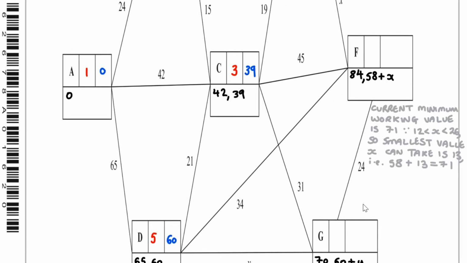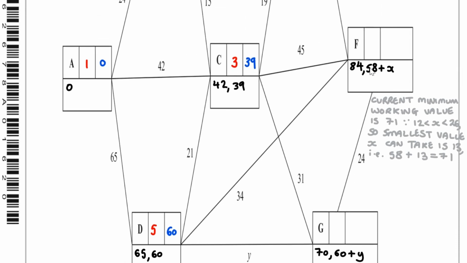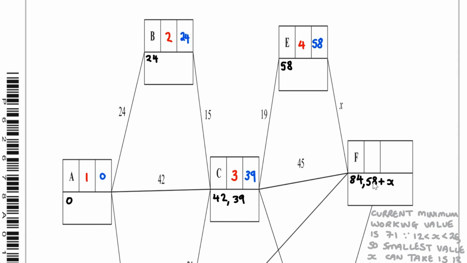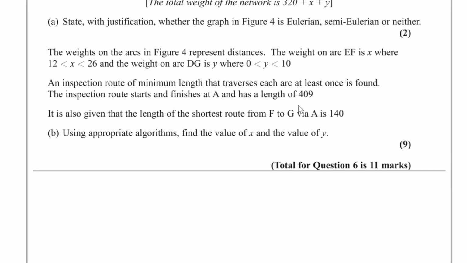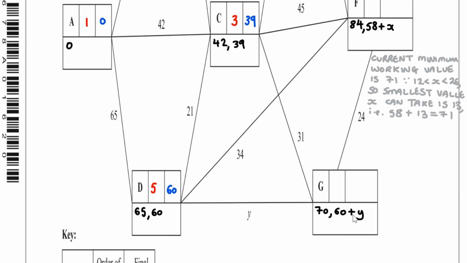So now what we need to do is decide which value is smaller, the 60 plus y or the 58 plus x. Well, similar to before, we know that y is in between 0 and 10. So the minimum value this can take is 1. So here the smallest value we can have is 61. And the maximum value we can have is 69.